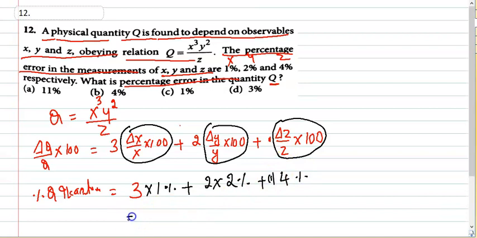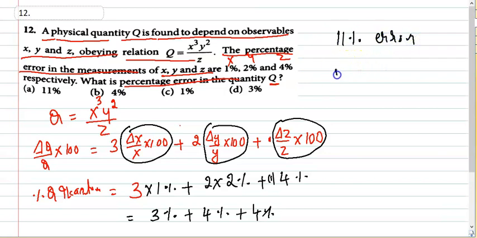After simplifying, 3 percent plus 4 percent plus 4 percent, the final answer is 11 percent error.